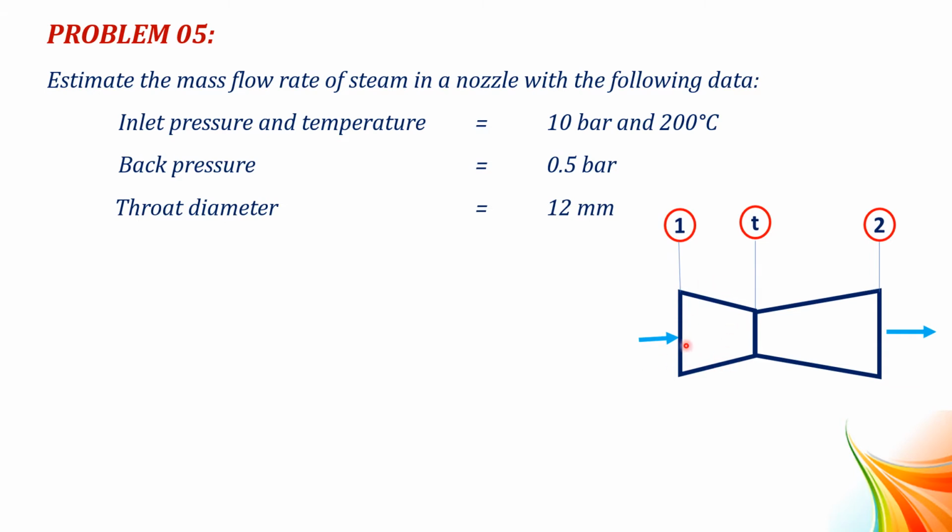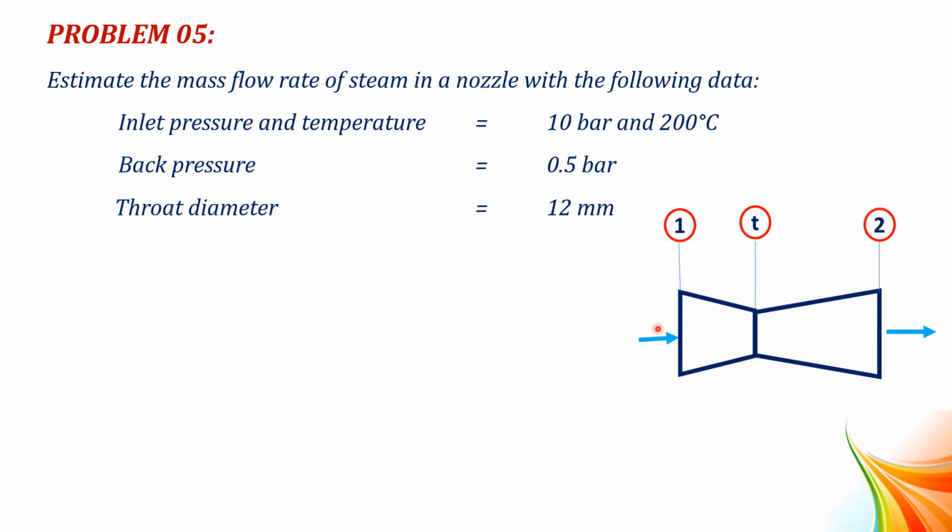The cross section of a nozzle first decreases from its entrance to throat and then increases from its throat to exit. So this type of nozzle is known as convergent divergent nozzle. The section where the cross-sectional area is minimum is called throat of the nozzle.